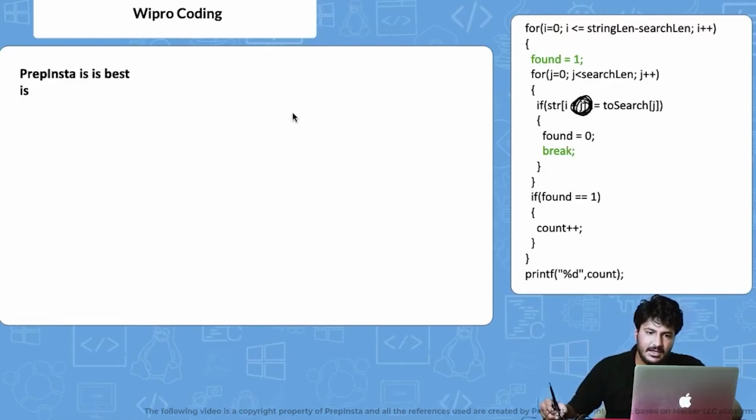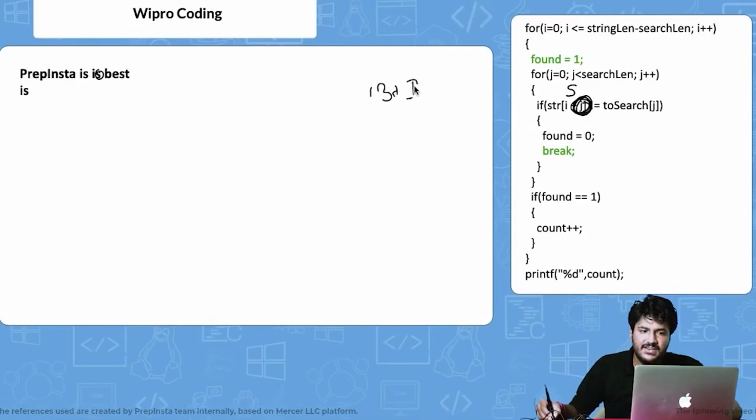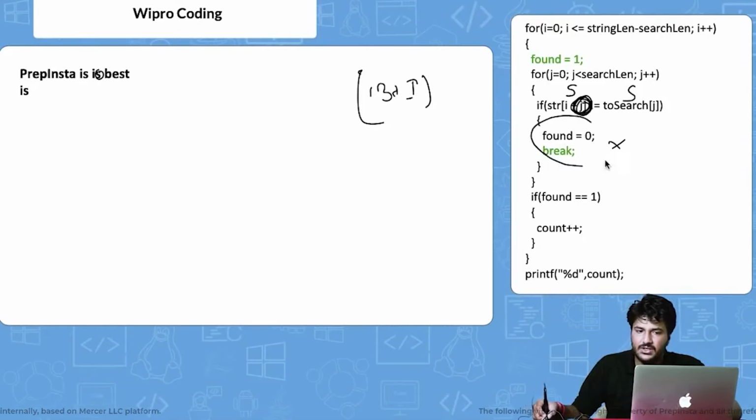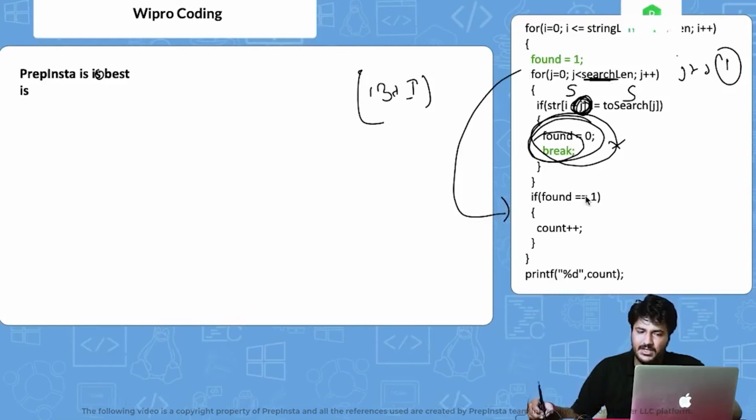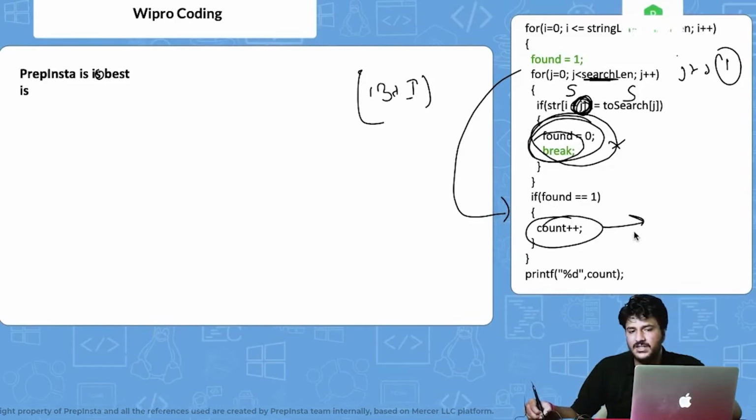Now it will say okay, the next one is s, because 13 plus the new j value 1, right? So this is s, this is s, so obviously again this will not get implemented. Finally found, this j plus plus is still 1, this condition is not satisfied, it will break the loop and come here. It will say okay, found is again 1, correct, so count plus plus makes it 2.